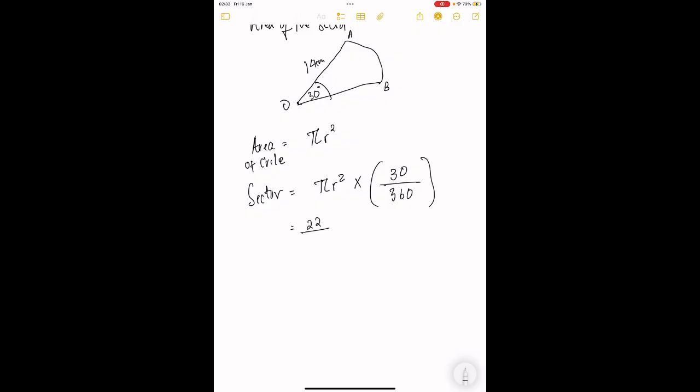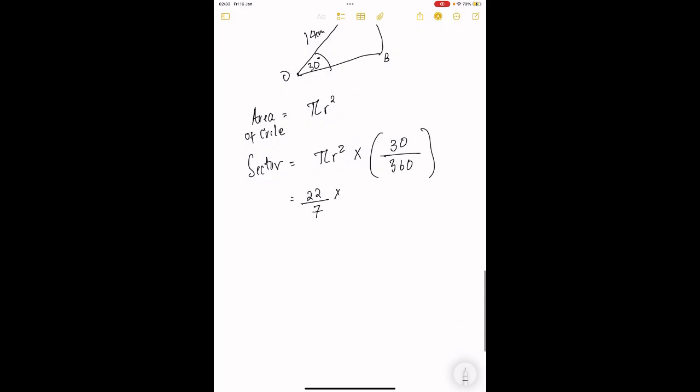So our pi is 22 over 7 multiplied by 14 squared multiplied by 30 over 360. So now we're going to simplify. 22 over 7 multiplied by 196 multiplied by 30 over 360.